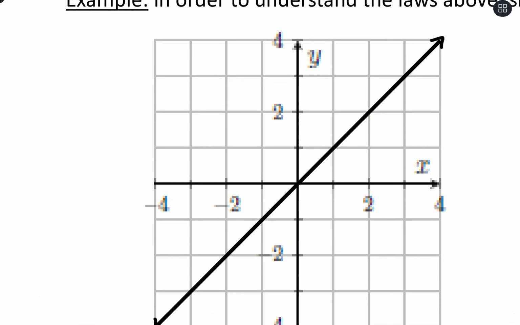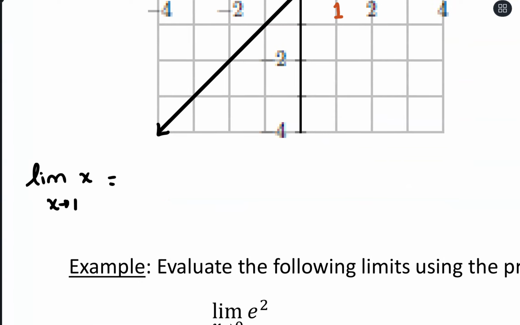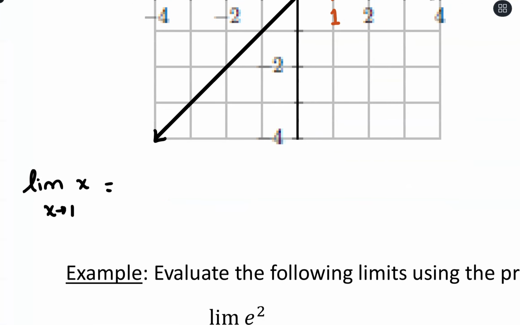Well, x equals 1 is right here, so I'm evaluating this point. As we approach from the left and from the right, we're approaching this output that is also positive 1. So what x is approaching is also our limit. One's an x coordinate, one's a y coordinate, but if I was solving this, it ends up just being equal to 1.